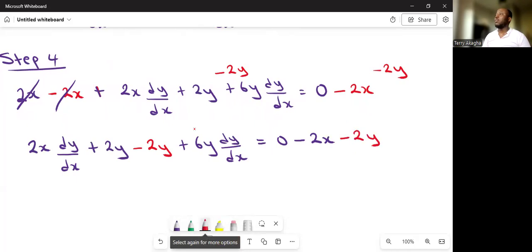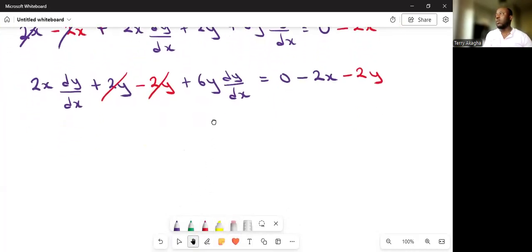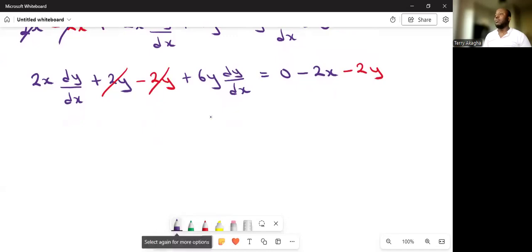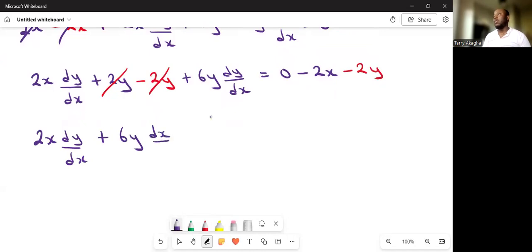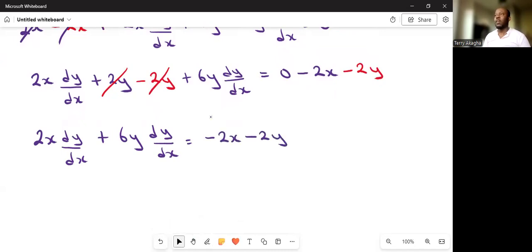Are you seeing it? Then this 2y, we cancel this 2y. So then you'll be left with 2x dy over dx plus 6y dy over dx will be equal to minus 2x minus 2y, because 0 minus that will still give you that.